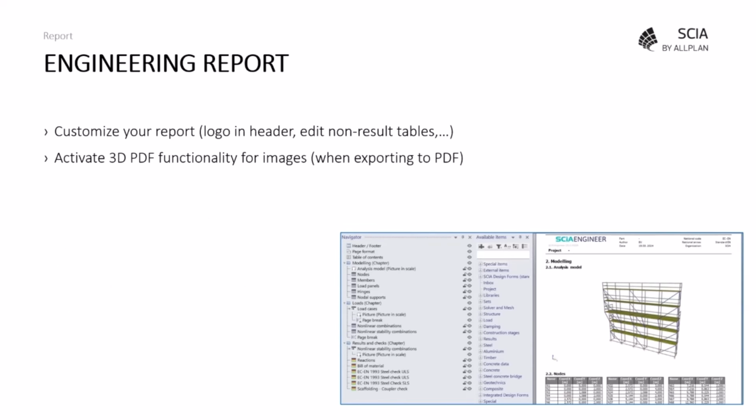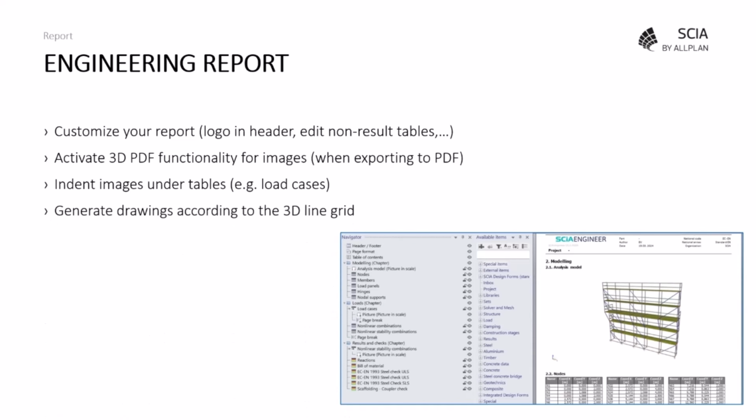You have a 3D functionality for images, so when you export it to a PDF, then you can send the PDF to someone else, and he or she can have a look in 3D in that image if you activate that functionality. You can insert images so they generate pictures automatically, which is very useful, for example, with your load cases. You can generate drawings according to the 3D line grid.